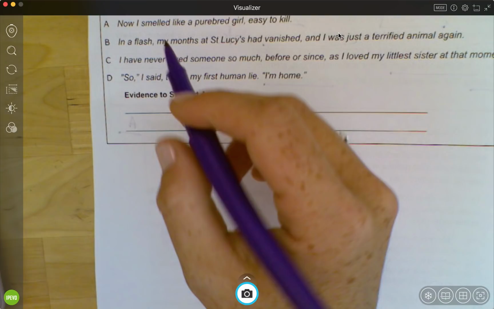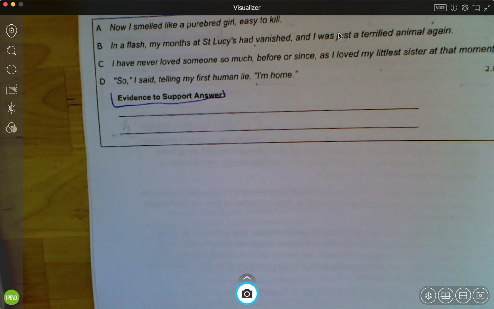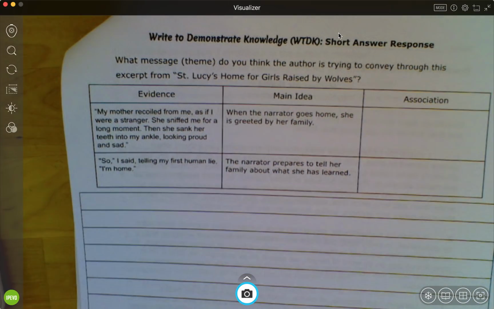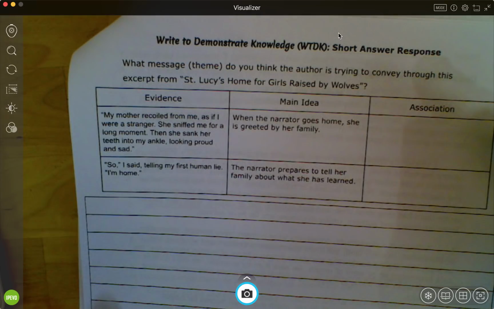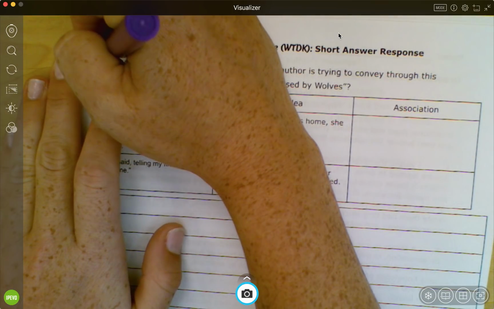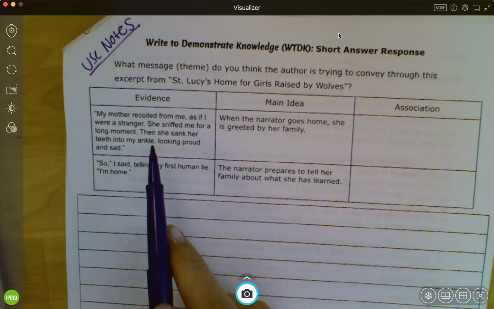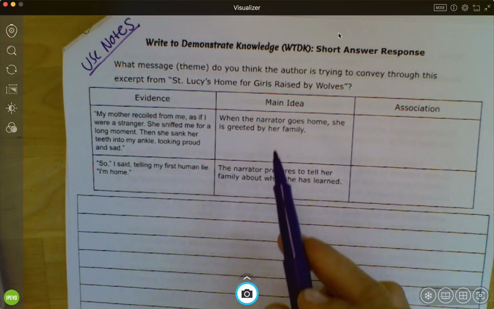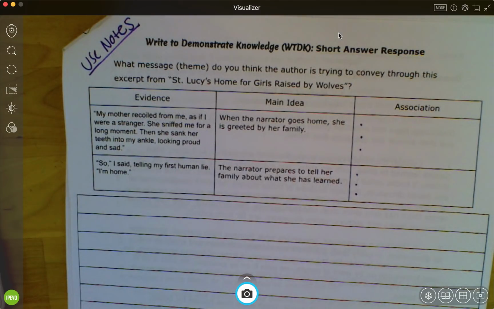Again, you're going to cross out what makes answer choices incorrect, explain your answer using evidence, and then you have an SAR. You can use your composition notebook, all right? So use your notes to fill this out. I already provided you with evidence and with your main idea. You do need to fill in associations.